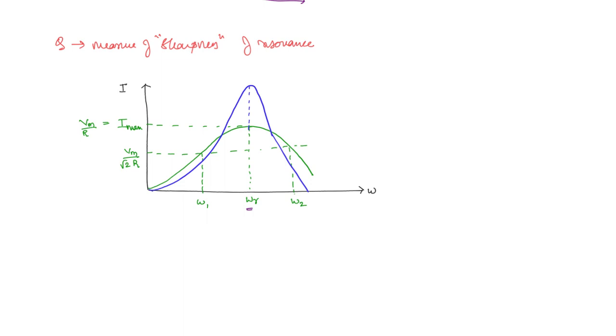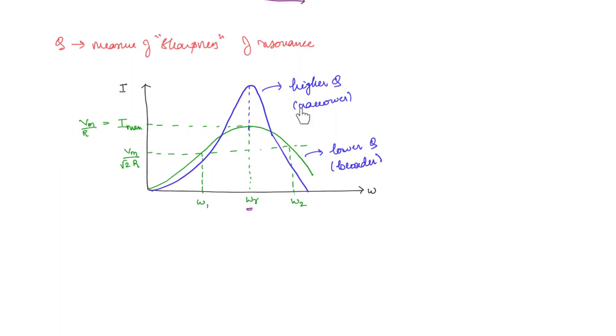So this circuit, which is more narrow, is considered to have a higher quality factor, and this curve is said to have a lower quality factor. So this is a more broader frequency response.